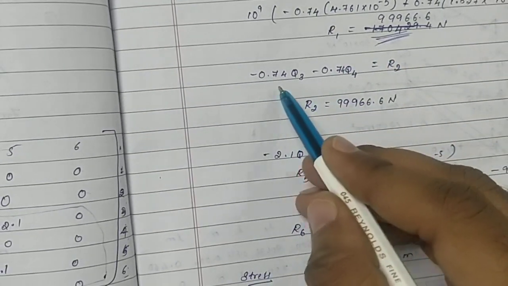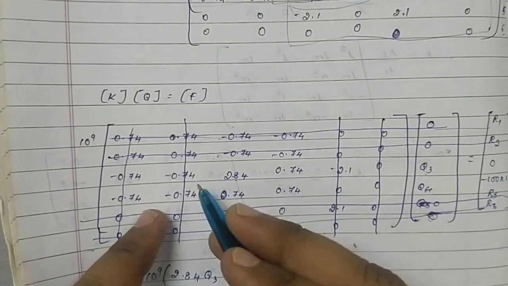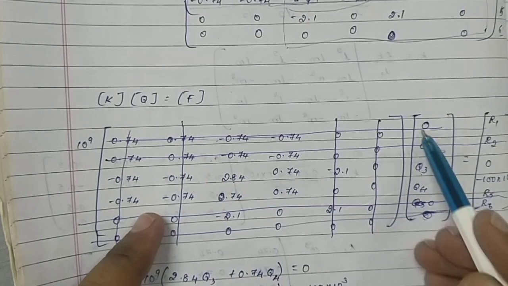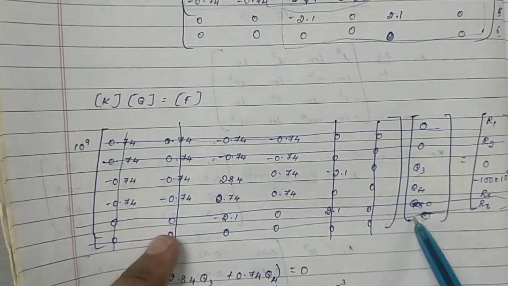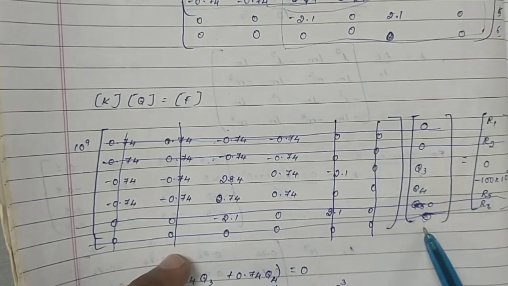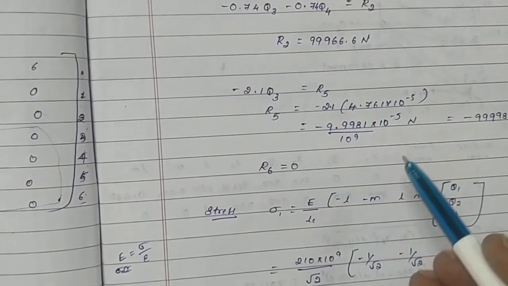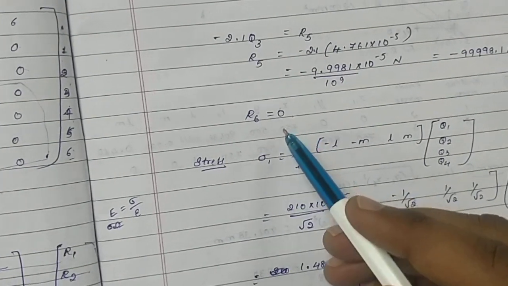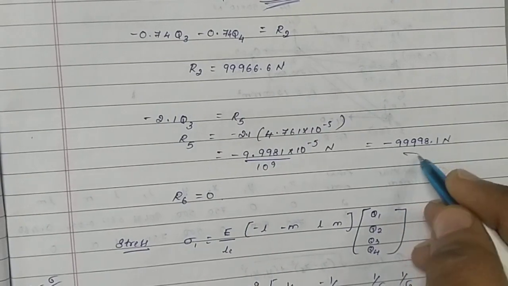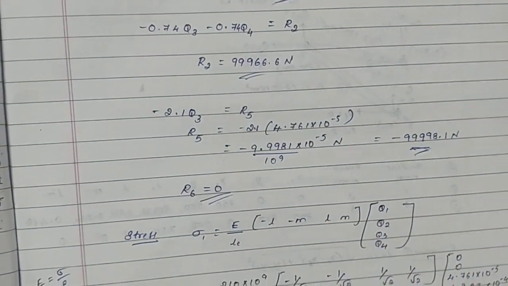Similarly, R2 is minus 0.75 into Q3 minus 0.75 into Q4. Okay, simplify this and this, you will get R2. R5 this and this, R6 this and this, you will get R6. R2, R5 and R6, we are getting it as 0. Okay, so like that, find out all the reaction forces.